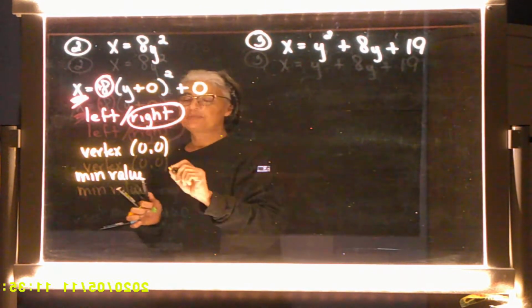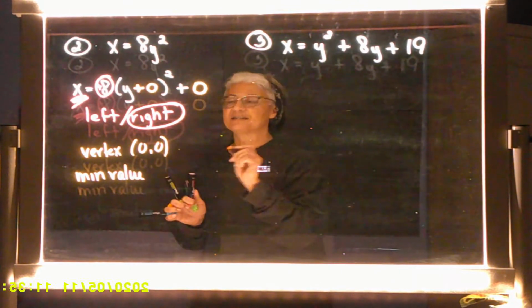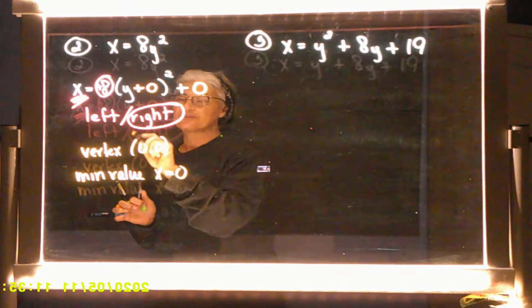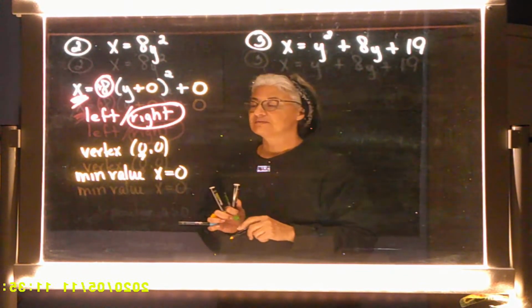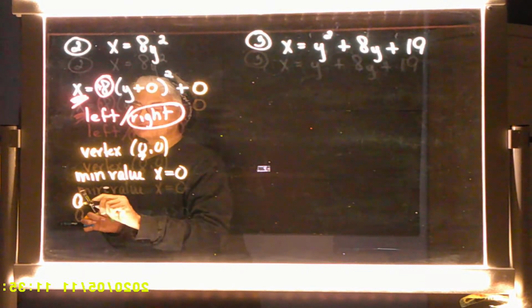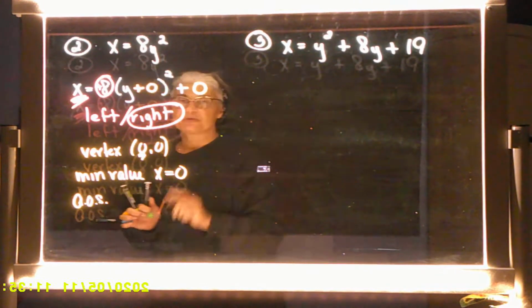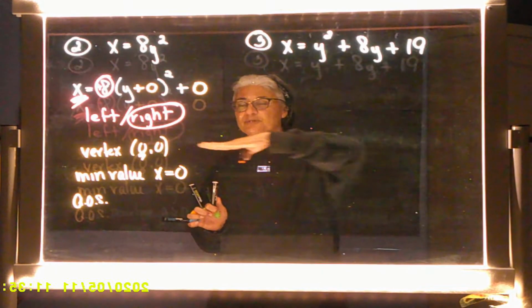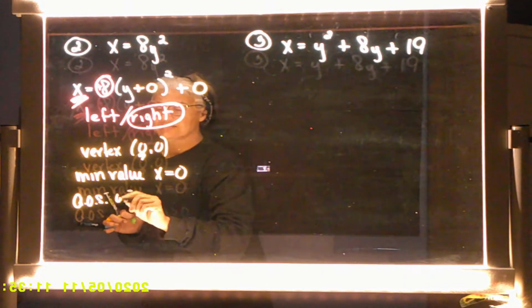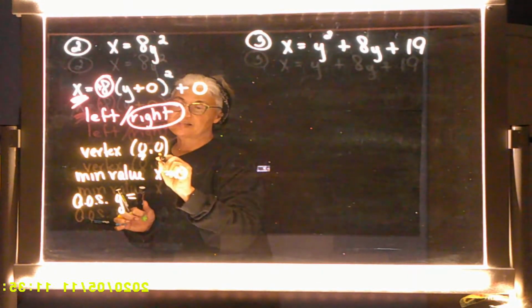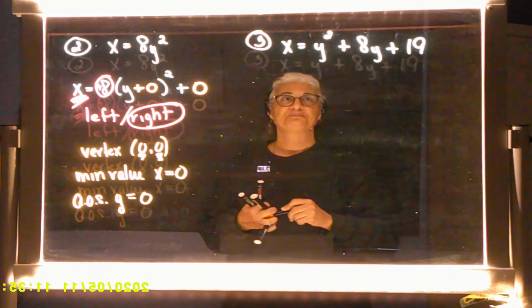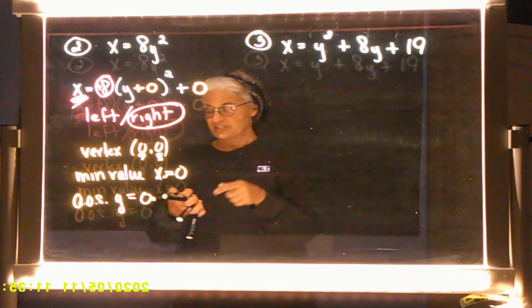And in this case, the minimum value is, yes, x is, because I'm talking about left and right, x equaling 0, because x does equal 0. And your axis of symmetry. Remember, that's that horizontal line. It has to cut through the middle of a parabola going to the right. So that's the y equals line, and again, in this case, y has no choice, it has to equal 0. Cool? Okay, let's look at number 3.